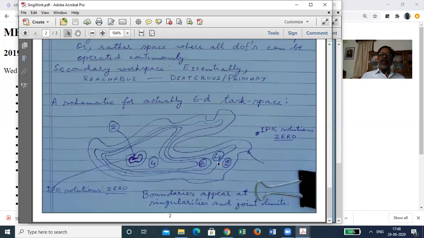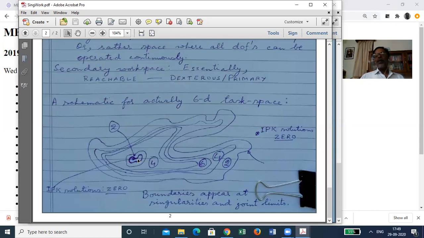As you come inward, you might encounter another boundary through singularities and all, inside which there may be 4 solutions. Depending upon the complexity of the manipulator, even inside there may be 6 solutions. And then further inside, there may be again 4 solutions. And further inside, there may be 2 solutions.